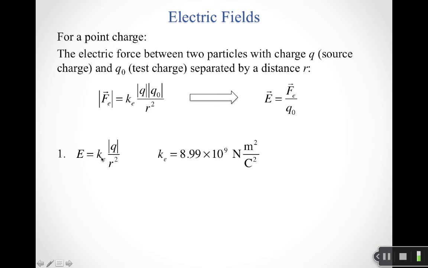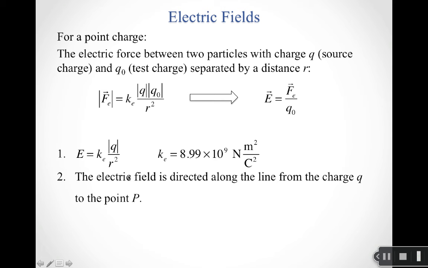What I'm left with is that the magnitude of the electric field vector is going to be my Coulomb's constant, k, here I've included the sub e, times the absolute value of my source charge, the charge that's causing the electric field, over r squared. And r now is the distance from your source charge to the point P that you're interested in. So in dividing out the test charge, we've kind of redefined what r is.